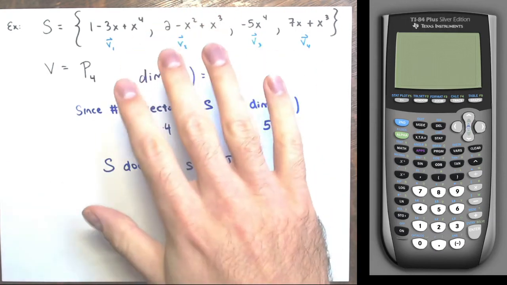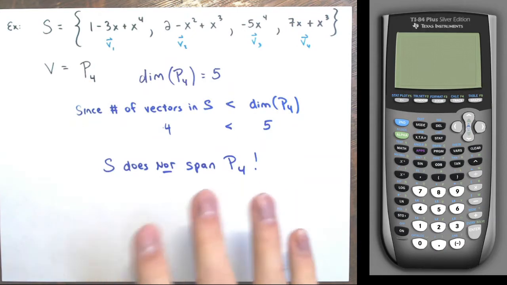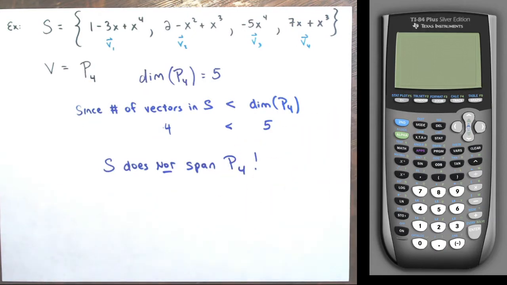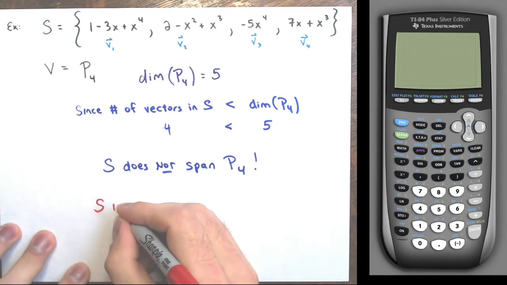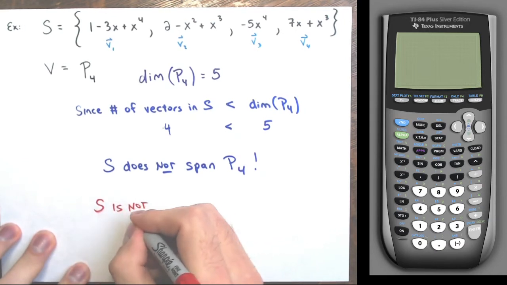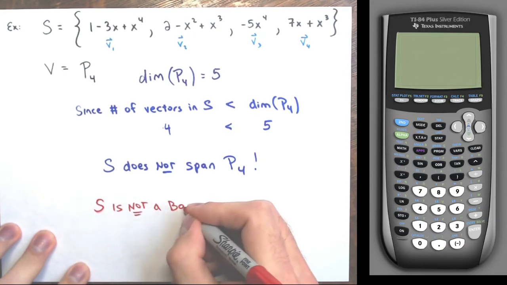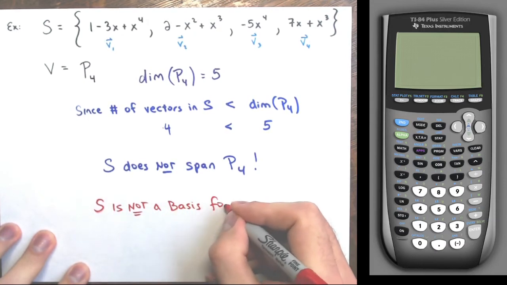And again, you can go and figure it out, make a coefficient matrix and all that, put it in reduced echelon form, and you can see that yourself. But I'm going to jump to these shortcuts when we know the dimension. So since S does not span P4, this set of polynomials is not a basis for P4.